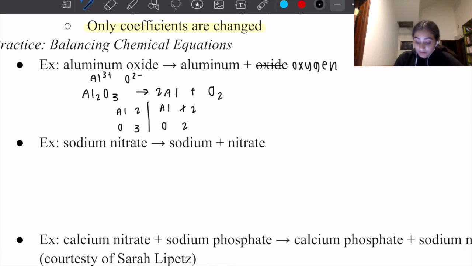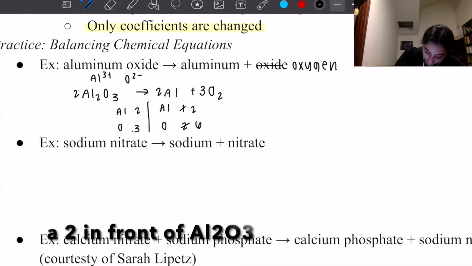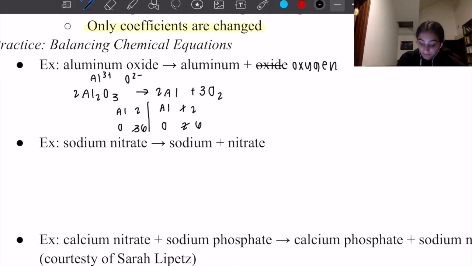So what I'm going to do is find a common multiple between 3 and 2, and that is 6. So I'm going to multiply this oxygen by 3. So now we have 6 here. And then I'm going to put a 2 in front of this. So now we have 6 oxygens here. However, that then alters the number of aluminums. We now have 4 aluminums.